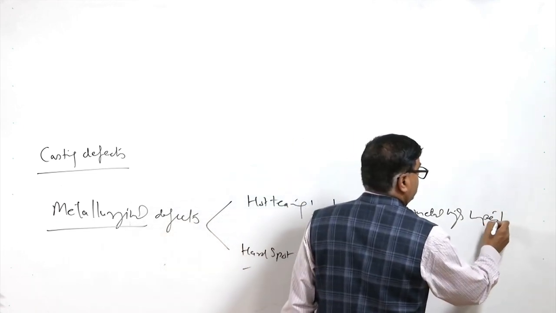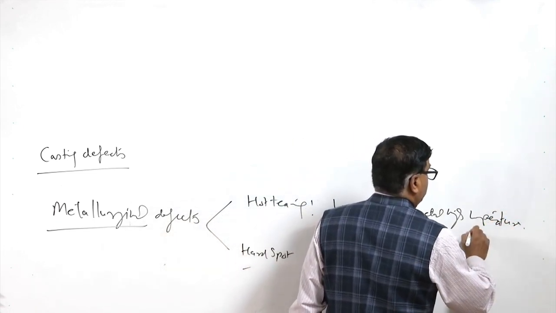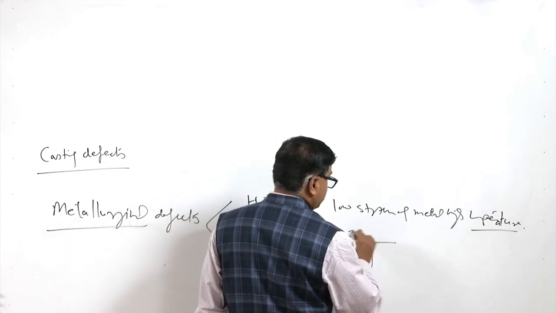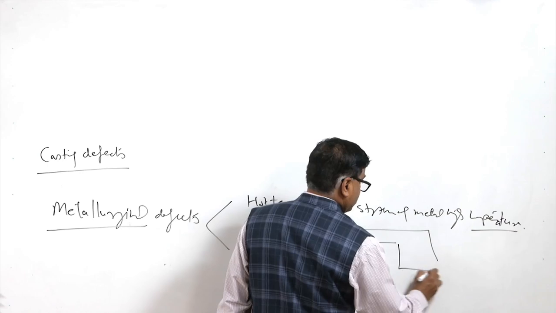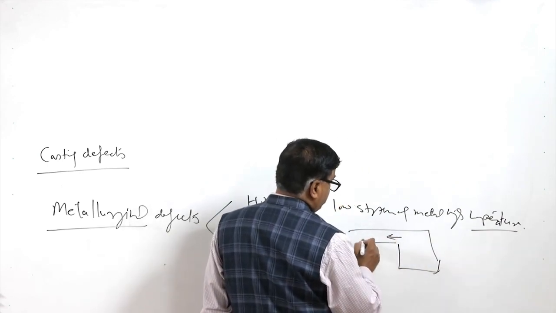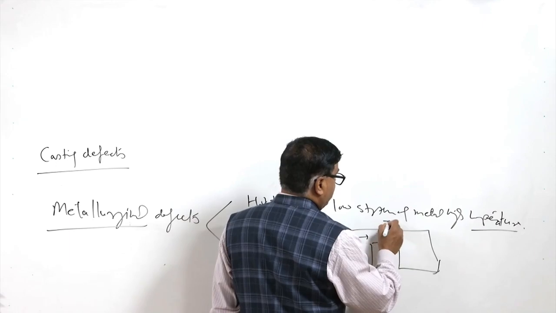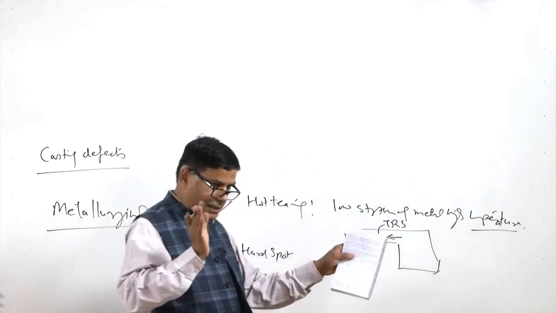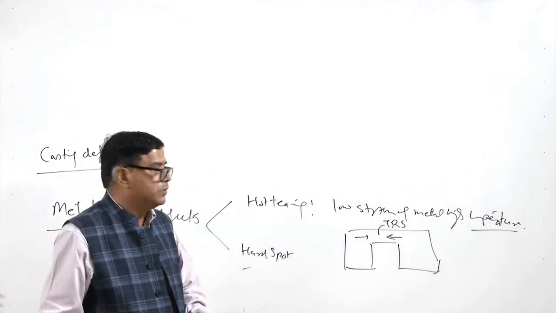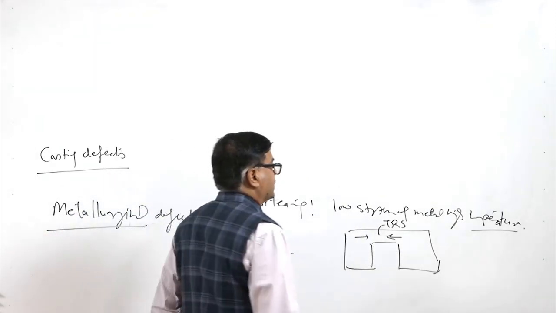So, when the casting cools down, residual stresses are developed. Certain casting designs like this, this portion is actually subjected to tensile residual stresses. When the casting after solidification cools down from the high temperature to the room temperature, tensile residual stresses develop.